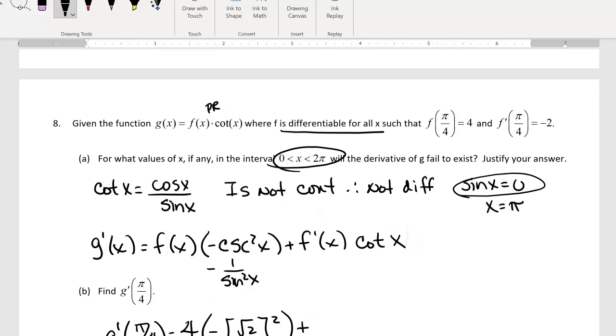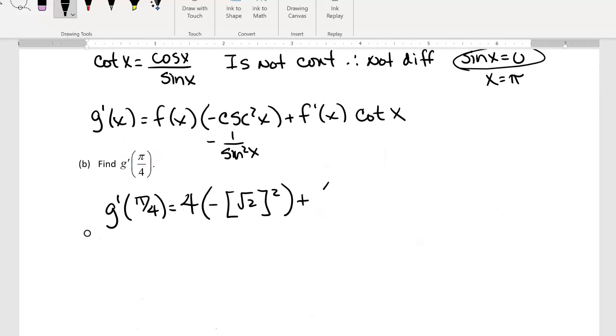And then f prime of pi fourths is negative 2. And the cotangent of pi fourths is 1. And so again, you could leave this, but we have 4 times negative 2, which is negative 8, minus 2, and I don't know why I got negative on that, I'm sorry. Minus 2 is 6.